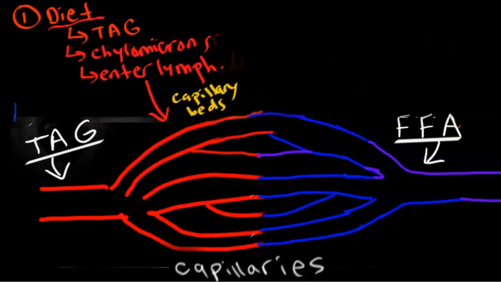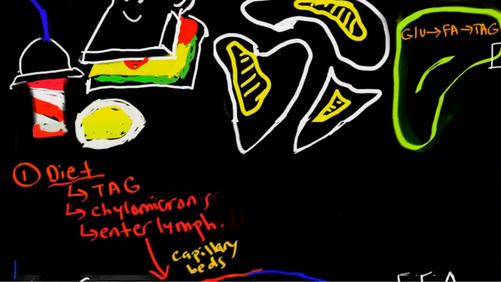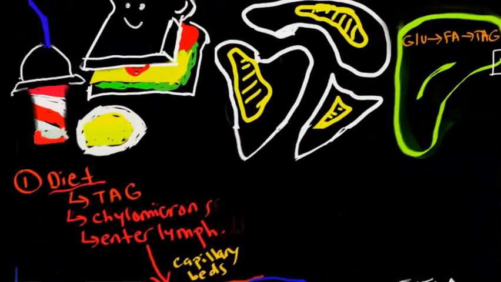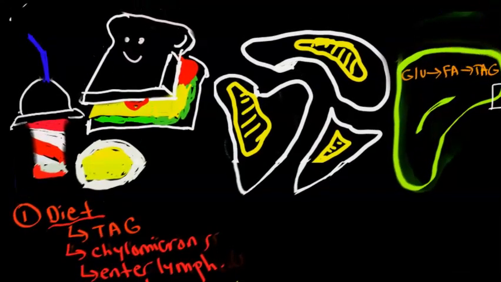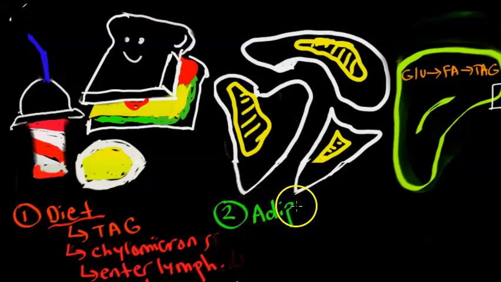The second way that we can get these free fatty acids into the bloodstream is via adipose tissue. So these are the cells that actually store free fatty acids as triacyl glyceride, TAG. So these are adipose tissue, or adipose cells, okay?